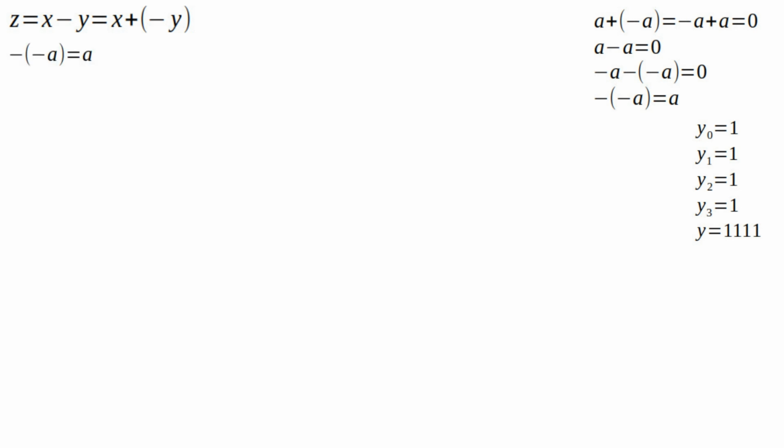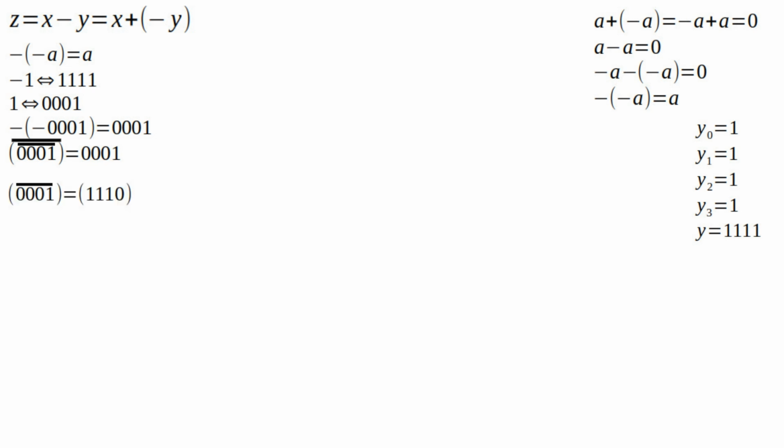Now let's first look at double negation. It is easy to understand that the double application of the NOT operation does exactly the same thing. However, simply applying the NOT operation does not produce the pattern we are looking for.